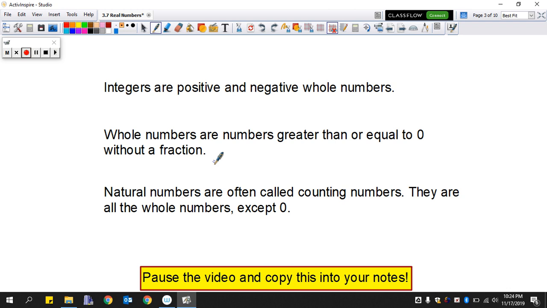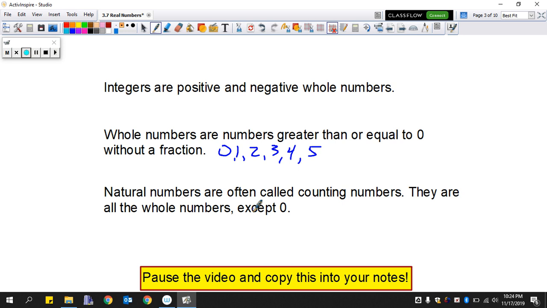Okay, so those would be, you know, 0, 1, 2, 3, 4, 5. Okay, and integers are positive and negative whole numbers. Okay, and then natural numbers are the counting numbers. They're all the whole numbers except for 0.